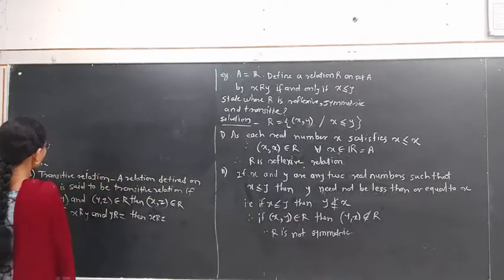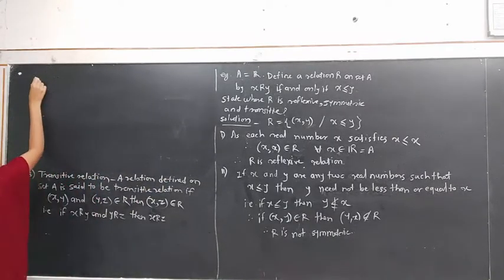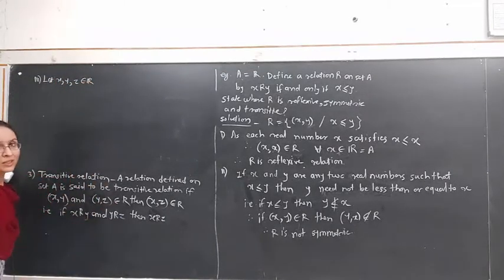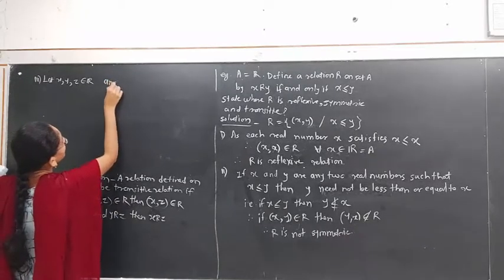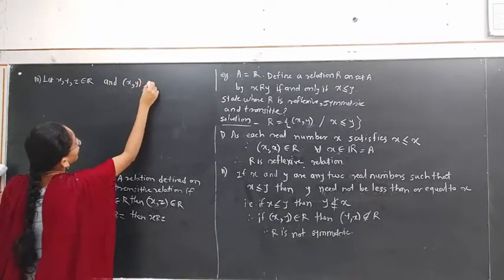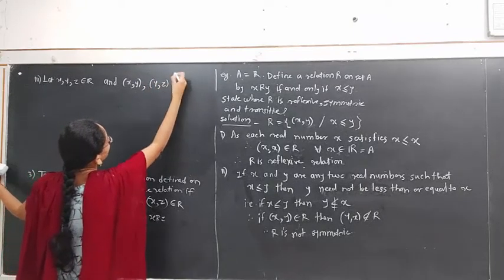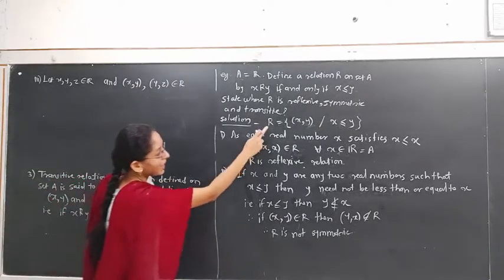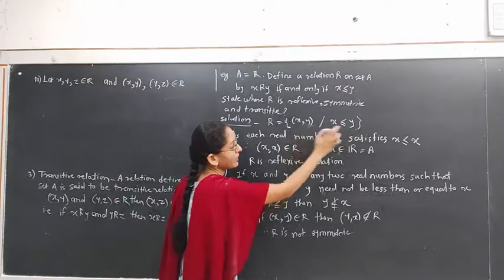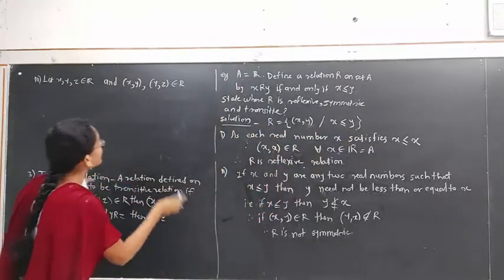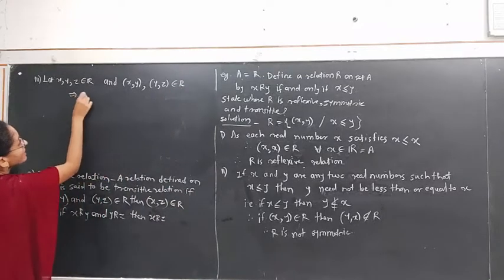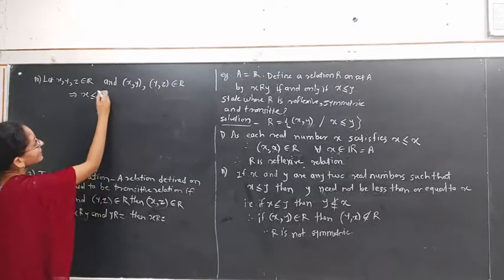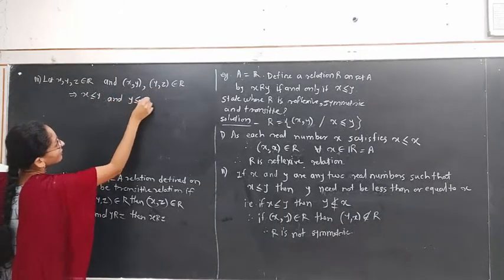If we consider three real numbers x, y, z, let x, y and z belong to the set of real numbers, and (x, y), (y, z) belong to relation R. As (x, y) belongs to R, this implies x is less than or equal to y, and (y, z) belonging to R implies y is less than or equal to z.